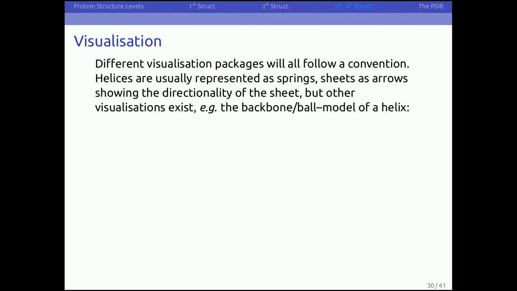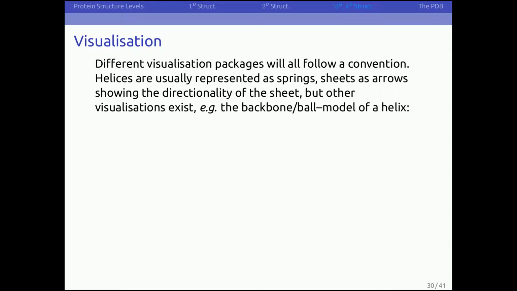So let's visualize what this looks like. You might have seen very pretty pictures of protein structure, and they're all formed through different visualization packages, software. Helices are usually represented as springs, and sheets are represented as arrows, as we saw in the beta helix example.